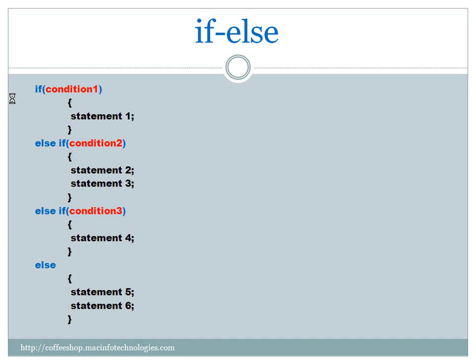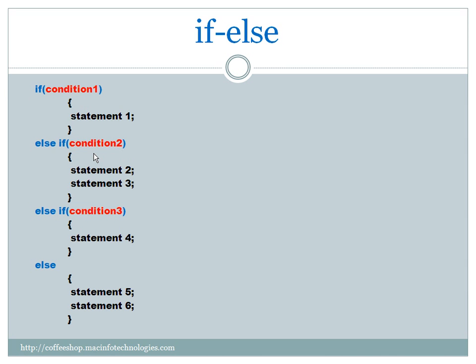So here you can see we have the first condition. If the first condition is true, statement 1 is executed and all other statements are skipped. If condition 1 is false, it will check condition 2. If the else-if condition 2 is satisfied, that is, it's true, statements 2 and 3 get executed and statements 1, 4, 5 and 6 are skipped.